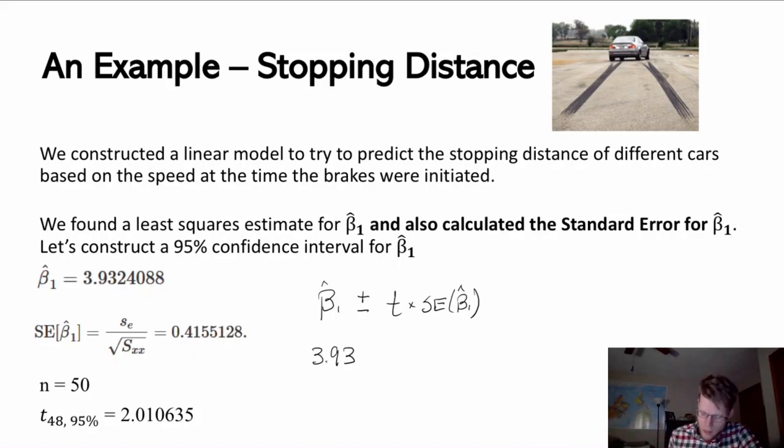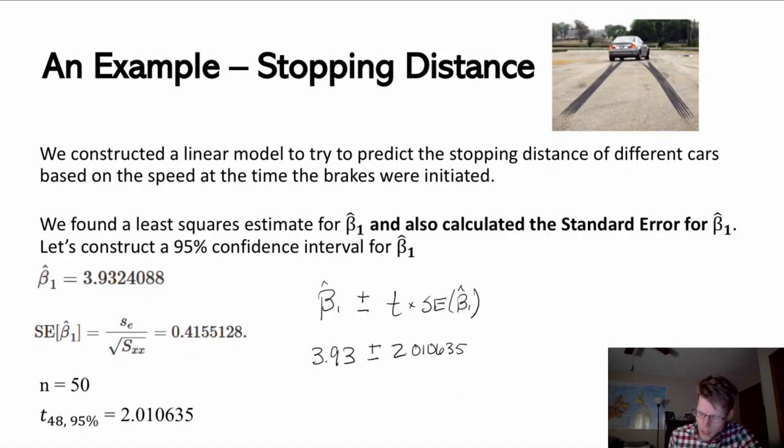The 3.93 plus or minus the t-value associated with 48 degrees of freedom and 95% confidence is going to be 2.010635. And we could use R, for example, to calculate different t-values for different confidence levels and different degrees of freedom.